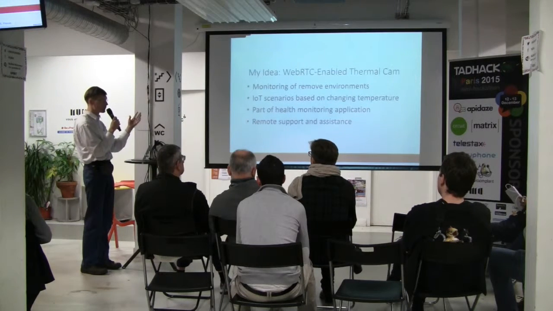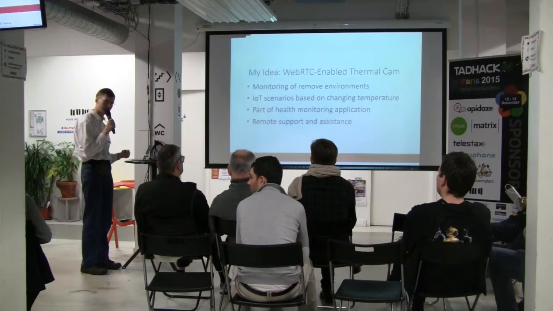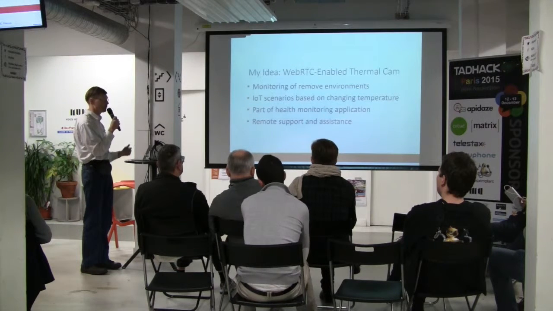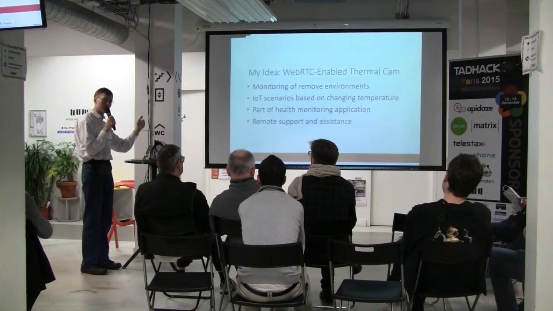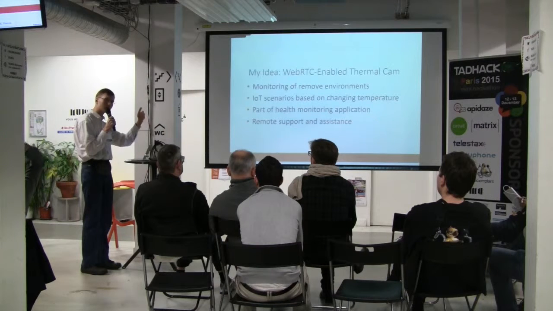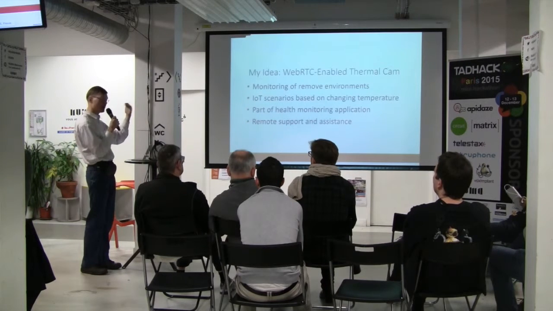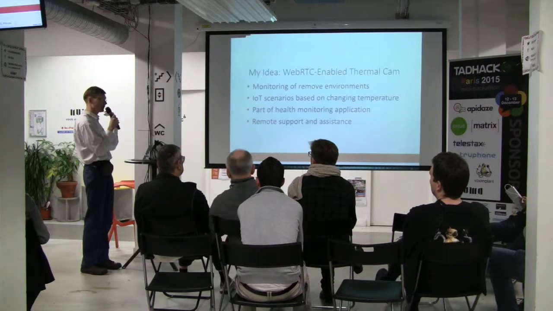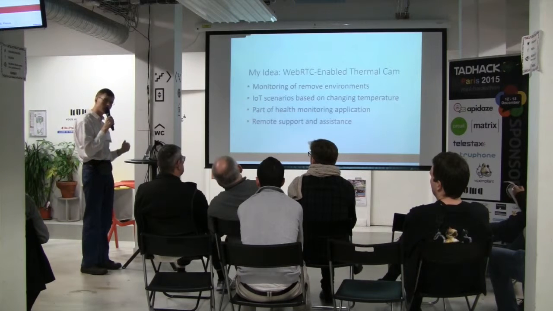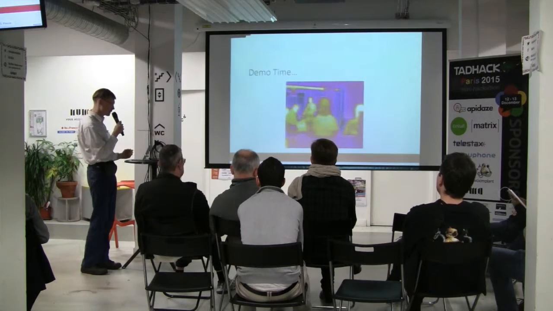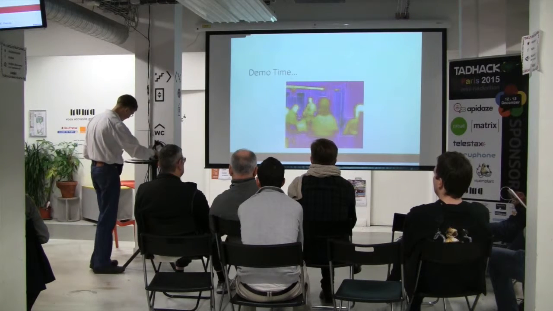And remote support and assistance, even for just home usage, for repairing stuff, and some similar applications where you can show what actually is the thermal map, the thermal image in your nearby area, to someone on the other end, on the remote, so they can see it. And they can consult and support and make some decisions based on that. So that's the whole idea here. And now let's try.